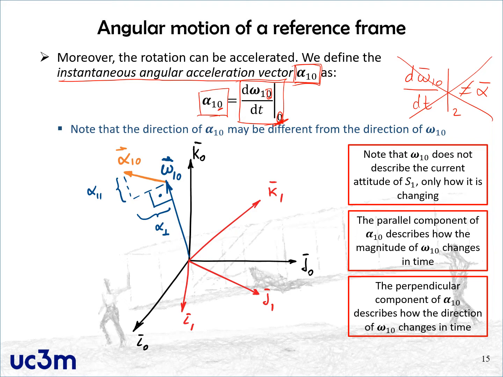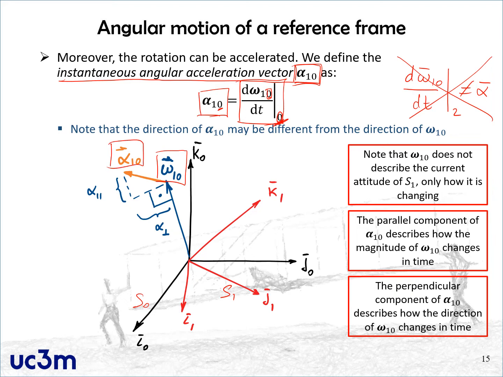Now, this is a new vector, okay, alpha, which tells us how the vector omega changes in time. So all the things that we have discussed about the derivative of vectors so far also apply here. If we consider, for example, the reference frame S1 in red and the reference frame S0 in black, imagine that the instantaneous angular velocity is this particular blue vector over here, and that the instantaneous angular acceleration is this orange vector.